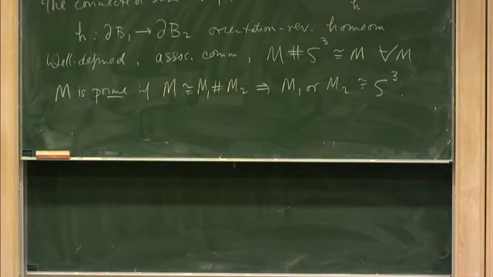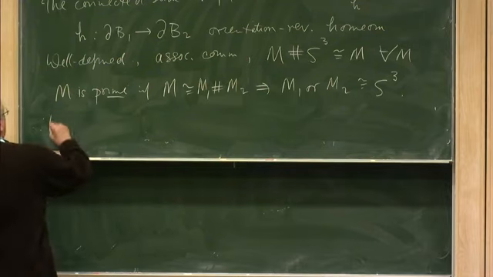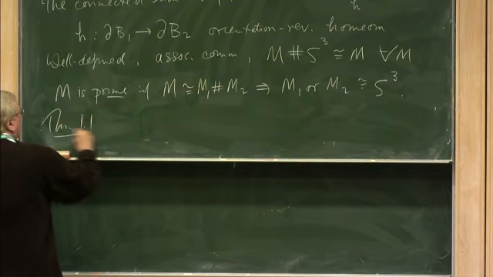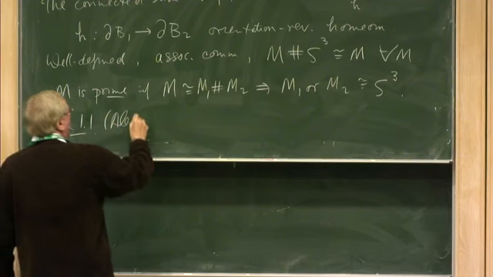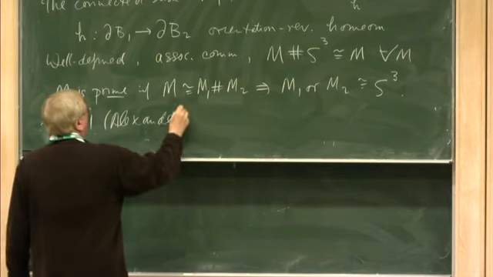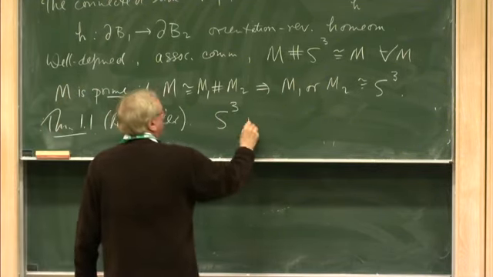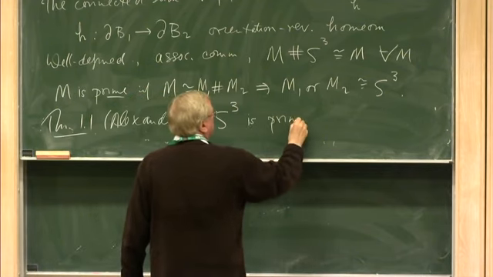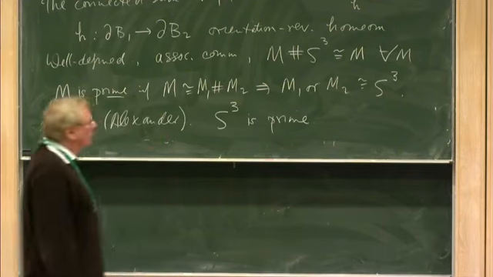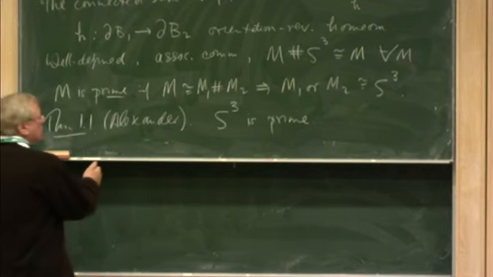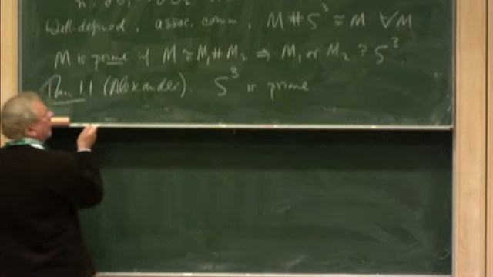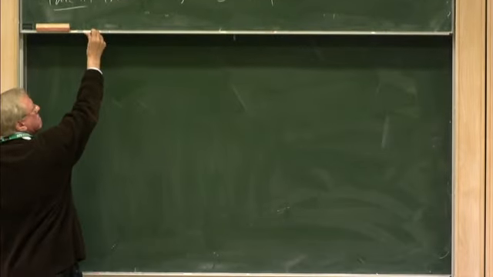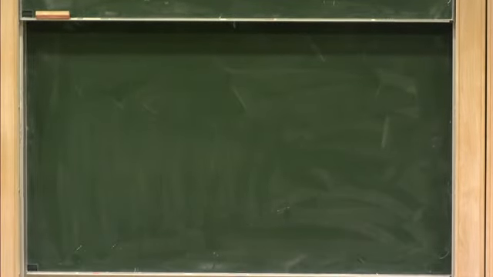One of the most basic theorems in three-dimensional topology is Alexander's theorem that S3 is in fact prime. Famously, as frequently happens in mathematics, he first claimed a false theorem.